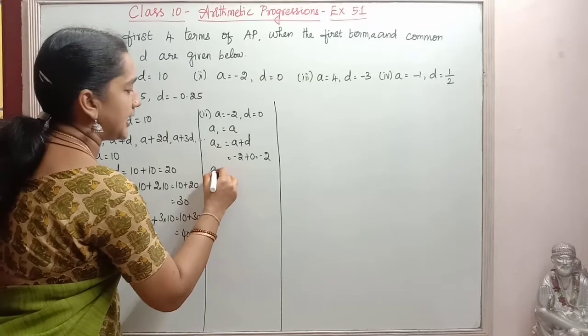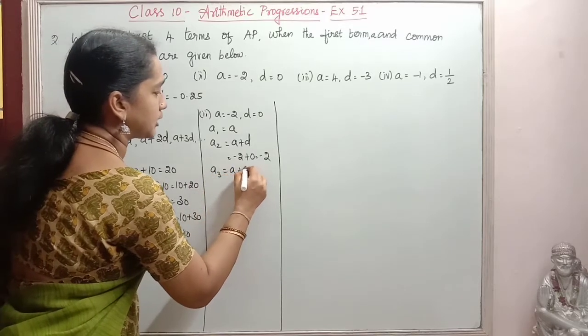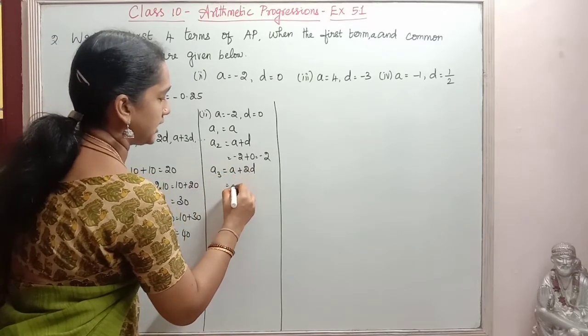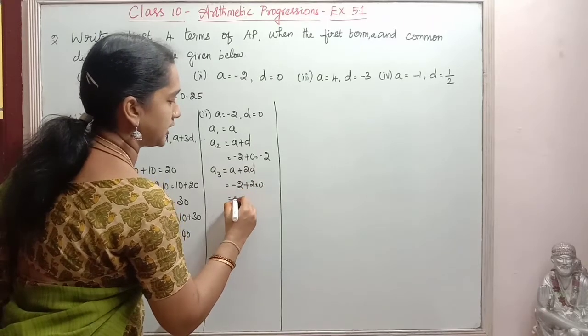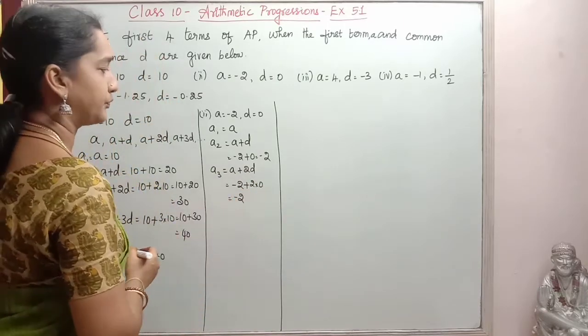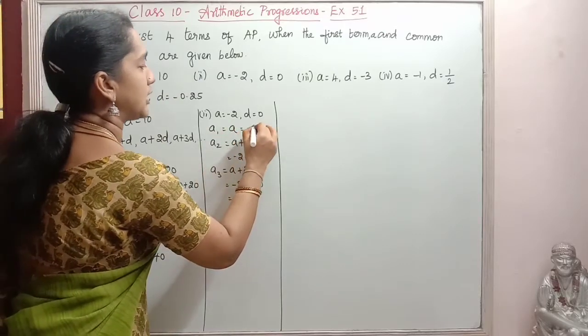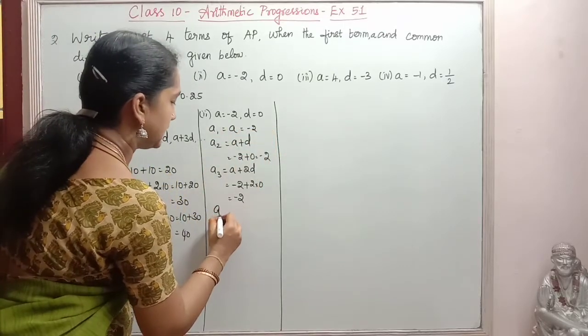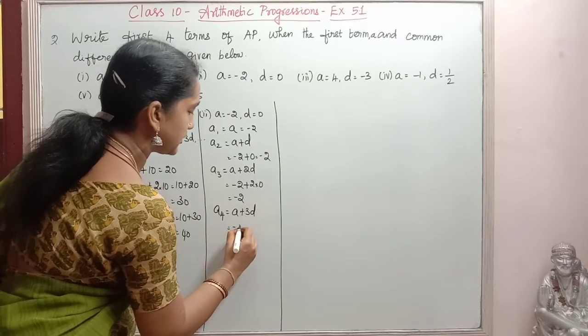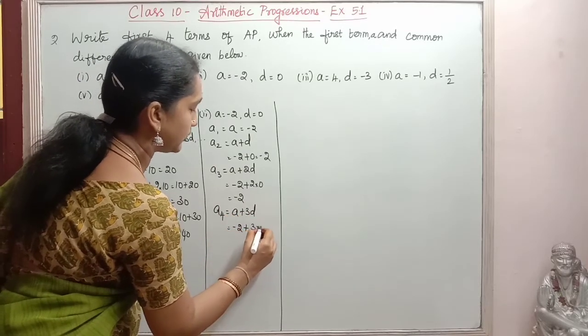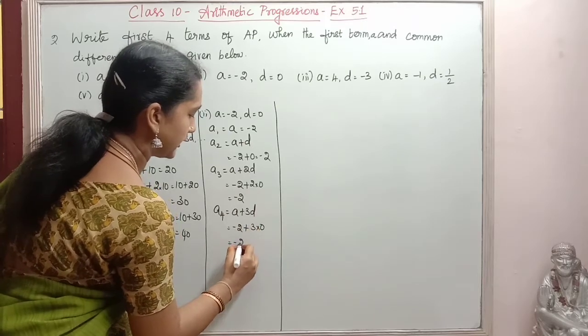Okay, then A3 is A plus 2D. So A is minus 2 plus 2 into 0, so that is equal to minus 2. Okay, so A3 is also minus 2 here. Then A4 is A plus 3D. So A is minus 2 plus 3 into D is 0. So again we will get minus 2.